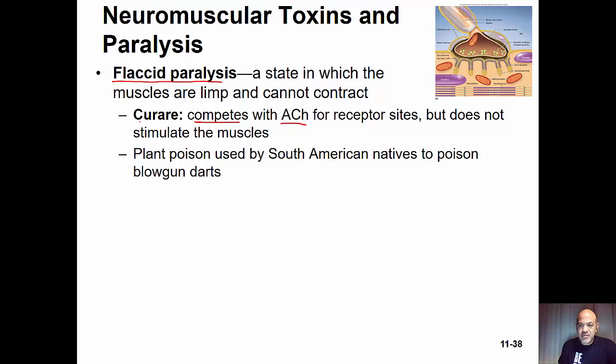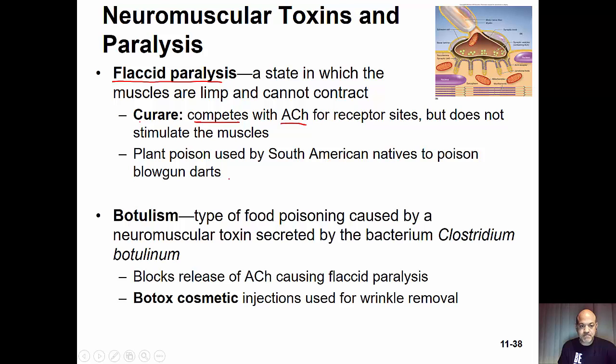If they get in the way, then the acetylcholine can't bind and get the muscle to begin the contraction. So this causes flaccid paralysis. There are plant poisons in South America that the natives used as poison on their blow dart guns, so this would cause that type of paralysis.